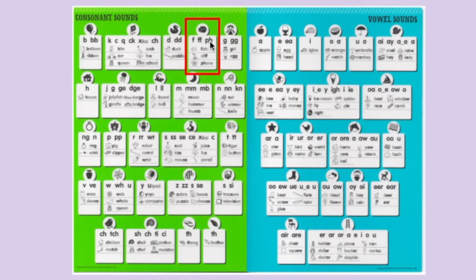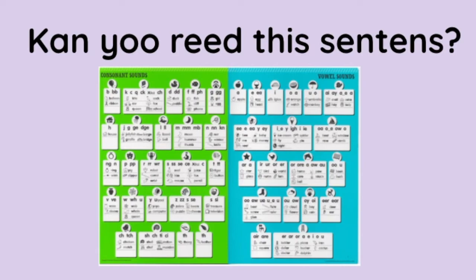So by the end of the year, they might also recognise that the P and the H can work together to make the F sound, like in the word phone. Here is a sentence that is written using the most common letter combinations for each sound. Can you read it? This is what you might see your child start to do when they first start writing.